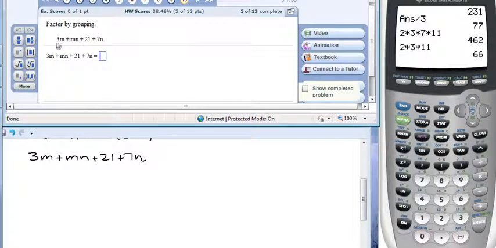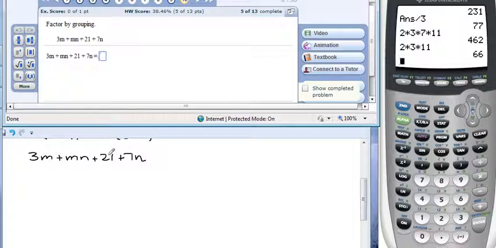Now, in difference to that, grouping problems are always 4 terms, and they always have nothing in common. I mean, look at this. Between a 3, a 1, a 21, and a 7, all that's common is a 1, right? Because this one doesn't have the 3 in it, so there's really no number other than 1 that's in common. And here I can't take out an m or an n because this term here doesn't have either one of them.